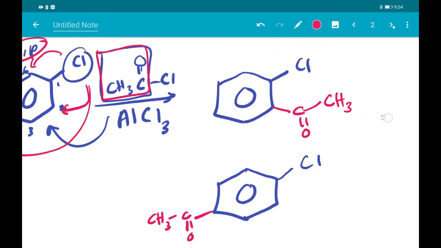The side product is the Cl combined with the hydrogen, which is being replaced at carbon number 2 and also carbon number 4. So the side product will become HCl. This also has HCl as the side product.